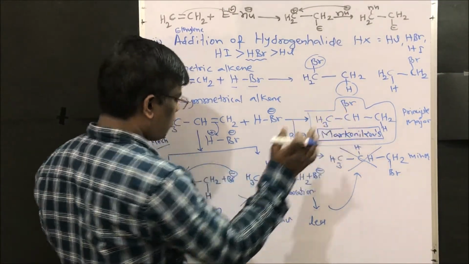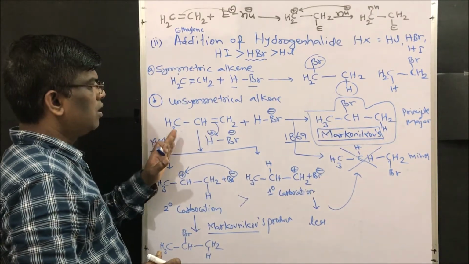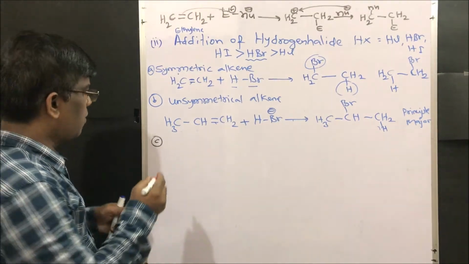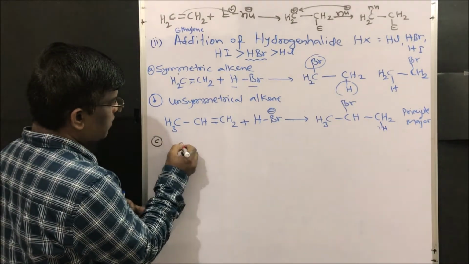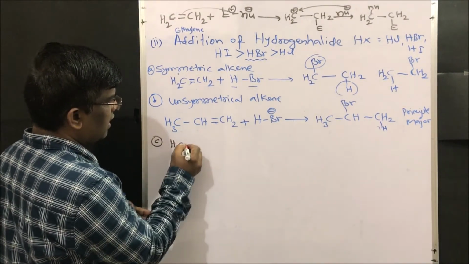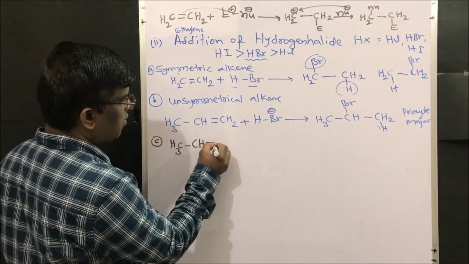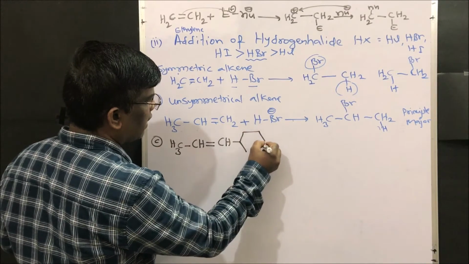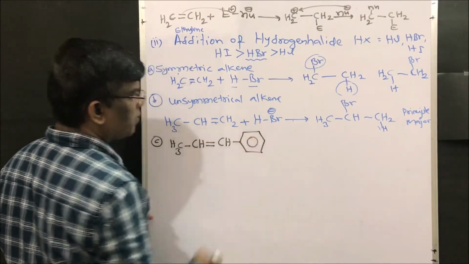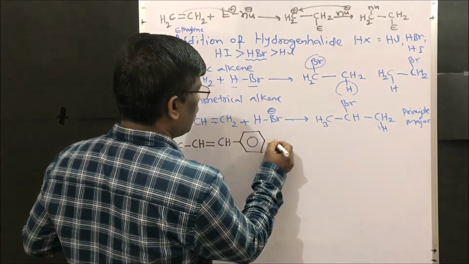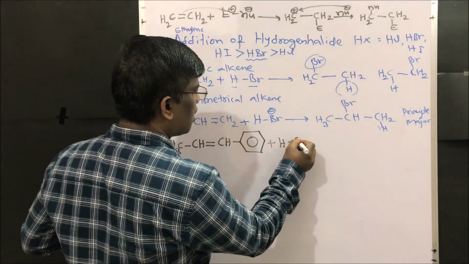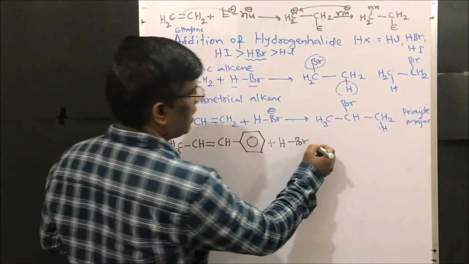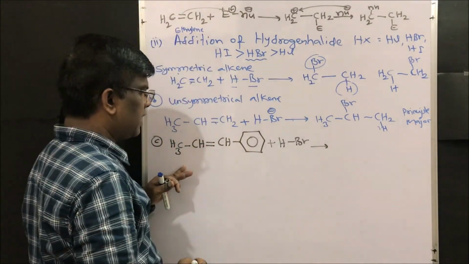Let us take another example. I am taking an unsymmetrical alkene, CH3 CH double bond CH, and here I am going to take a phenyl ring. I am going to add HBr. What are the products expected here?